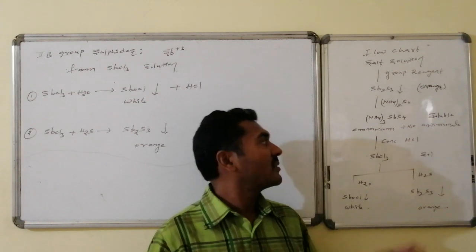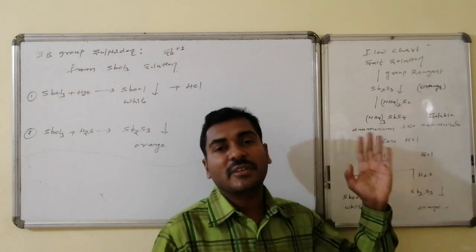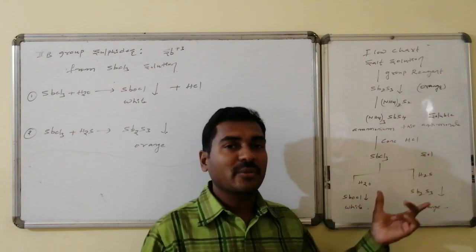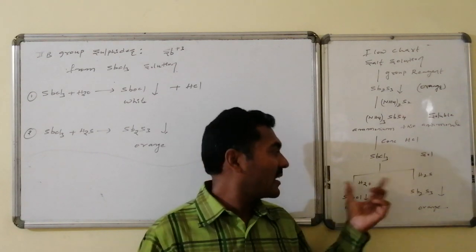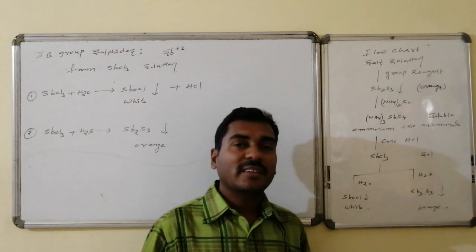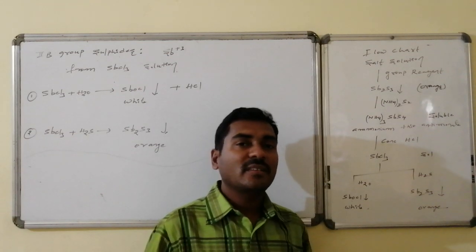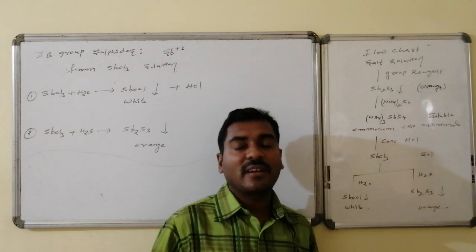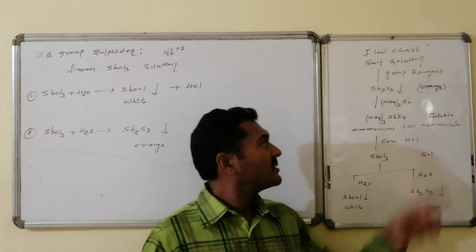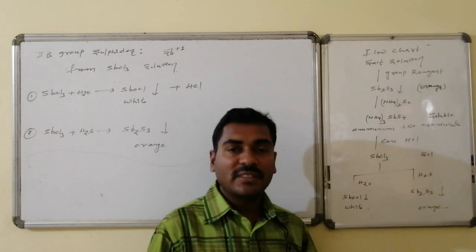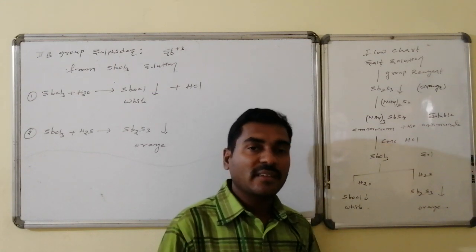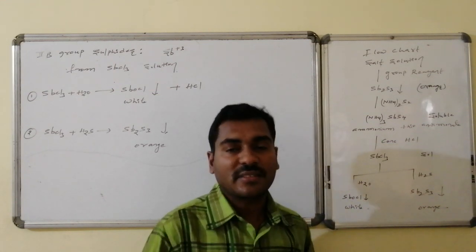Chlorine combines with this and it is converted to the corresponding oxidation state of chloride, so an antimony chloride solution occurs. This antimony chloride on reaction with water gives antimonyl oxychloride, a white precipitate, whereas on reaction with H2S gas it gives antimony sulfide, an orange precipitate. This is the color of antimony sulfide. With this, we confirm the presence of antimony cation, Sb3+, in the given salt mixture.